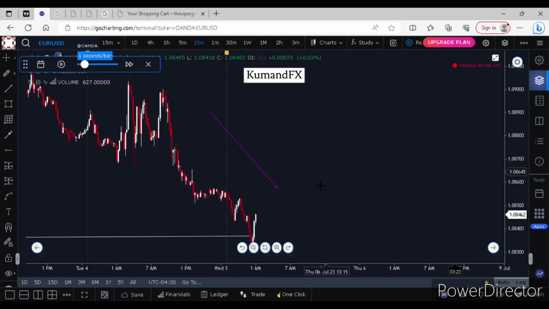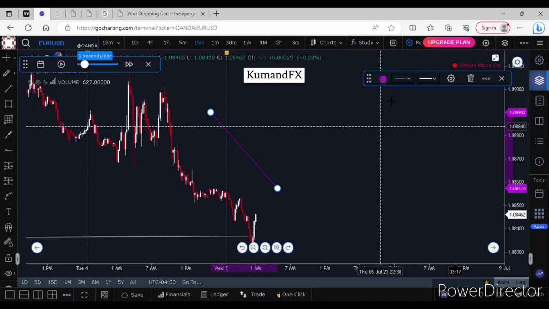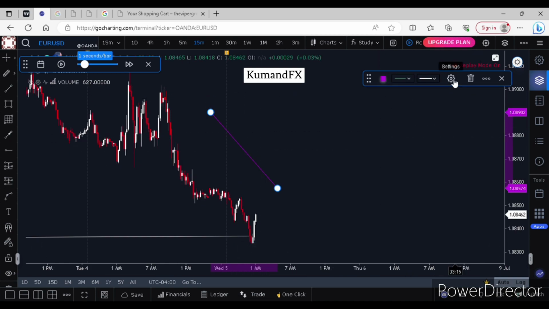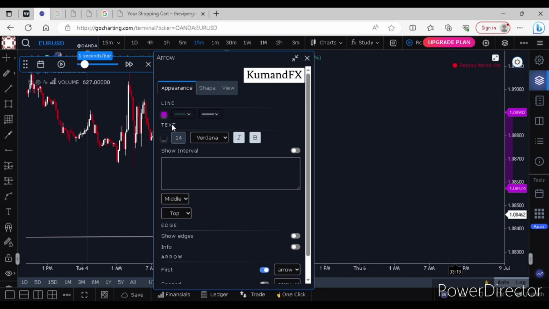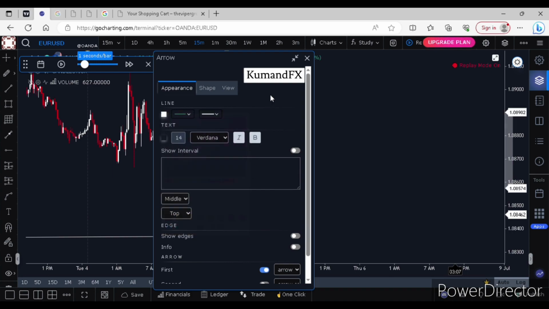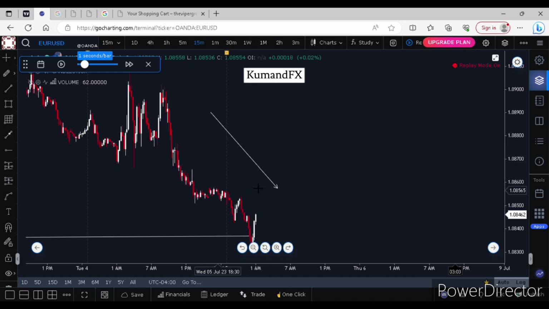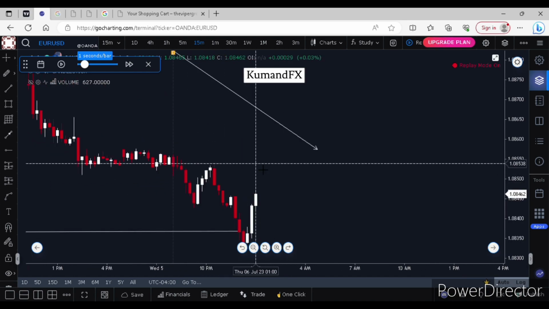I'm using the arrow to indicate it. Let me change the color to white so you can properly understand. Using the arrow to indicate, you can see that price is in a bearish order flow.